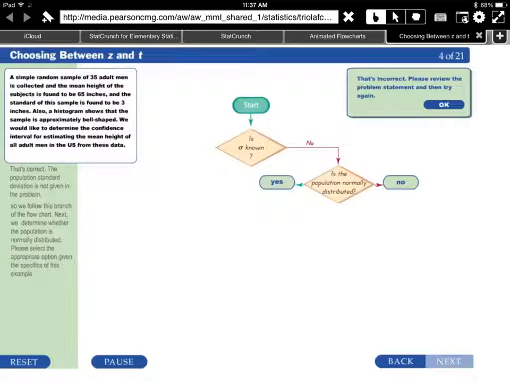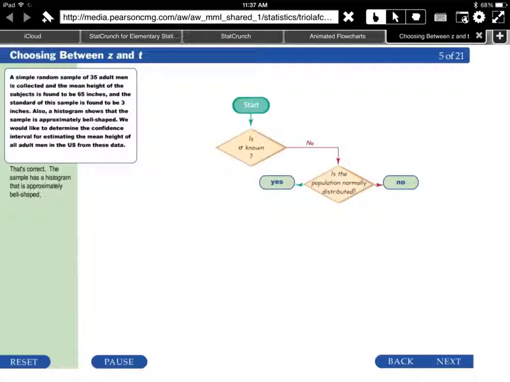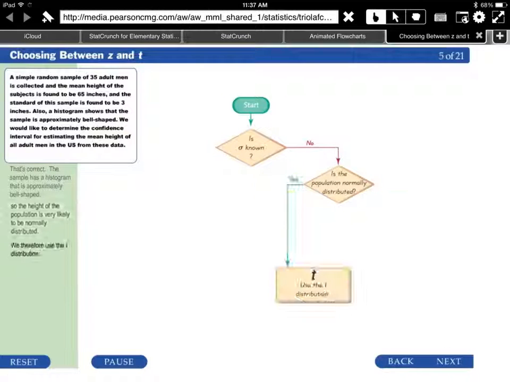And then they say that's incorrect again. Down the yes path, we reach the point where the question is, was the sample size greater than 30? Well, it was, but that didn't matter because the sample was normally distributed. Does that kind of make sense?